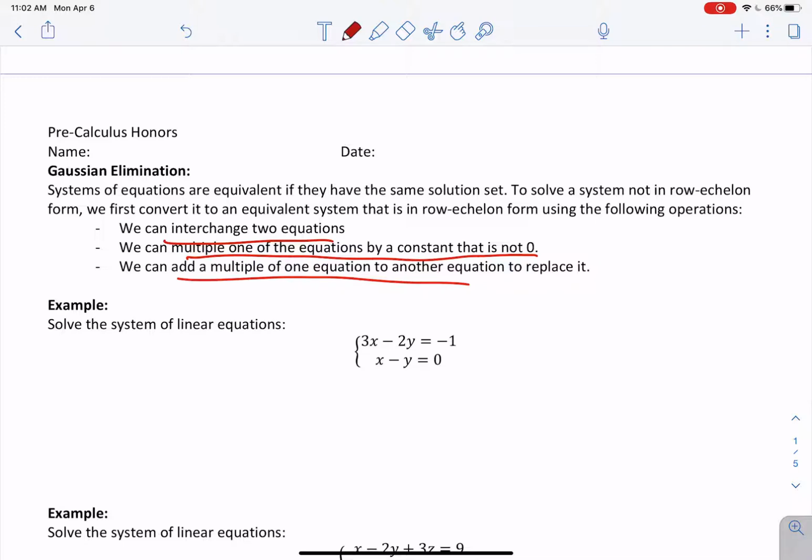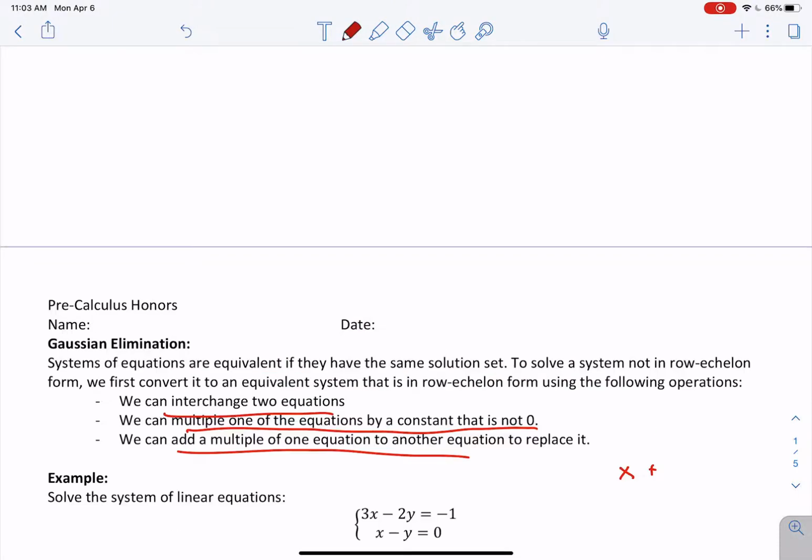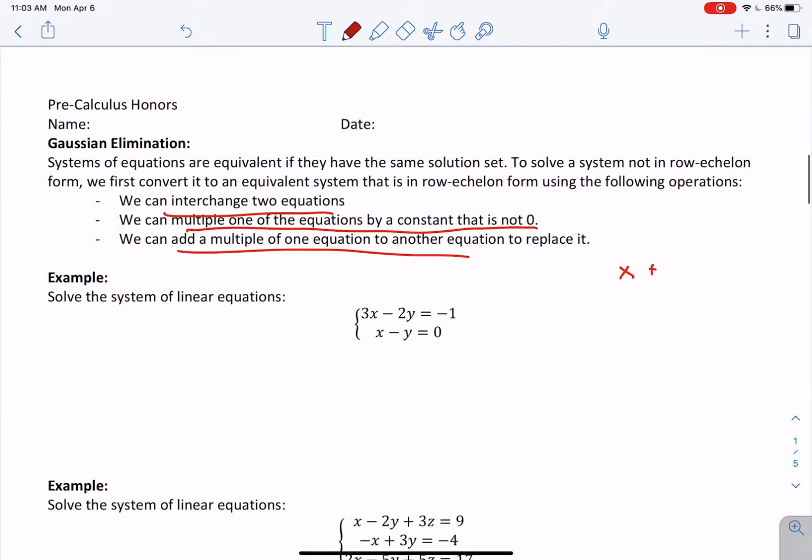So let's look at this system. We have 3x minus 2y equals -1 and x minus y equals 0. My goal is for it to look like x plus something y equals something, and I don't want any x's in the next one. I just want something y equals something. This is what I want that system to look like.